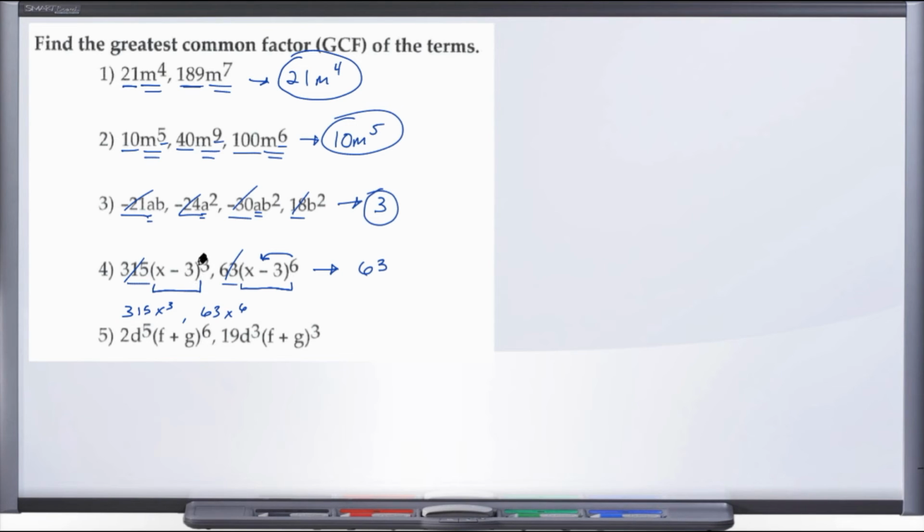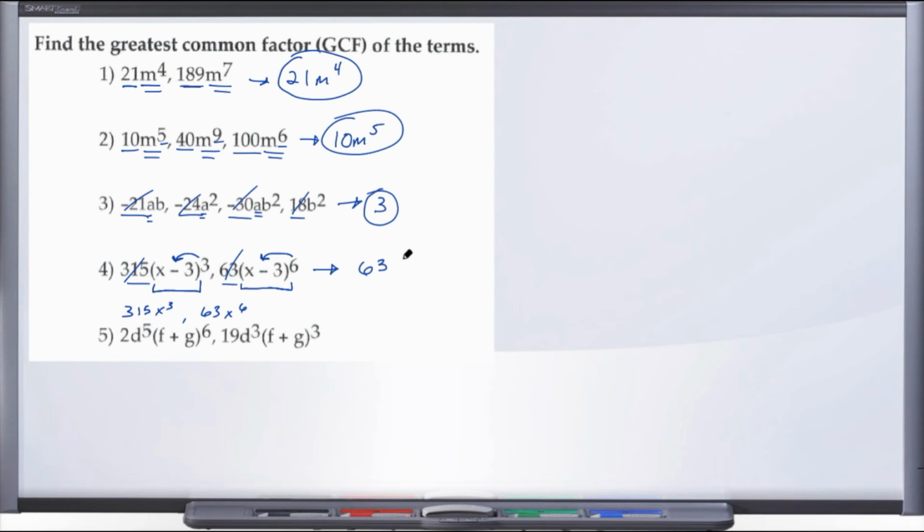Because we have parentheses here, this exponent has power over the whole quantity, and so this really acts as one term. We can see that this x minus 3 is in both of our terms here. Because we have parentheses around this quantity and it is present in both terms, that acts as a single factor.